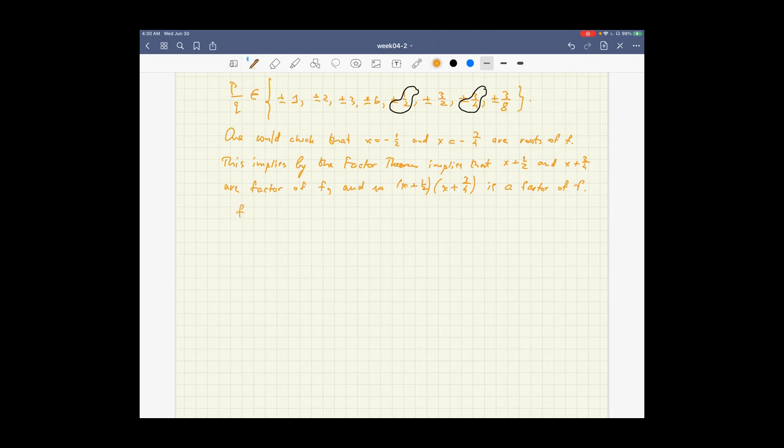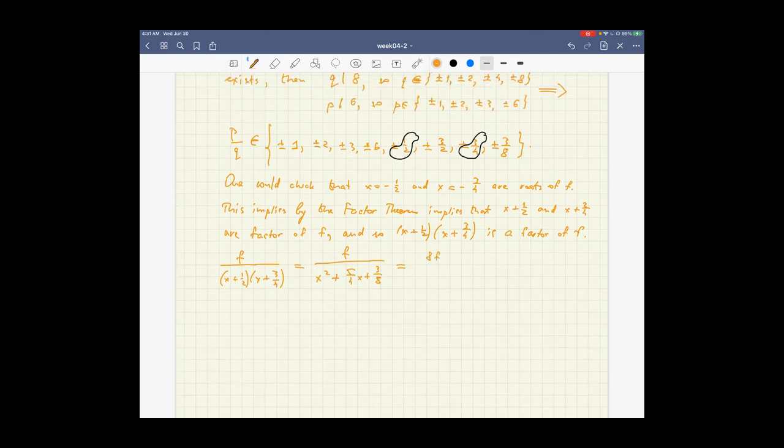Now, rather than dividing f by the product of x plus 1/2 and x plus 3/4, which is x squared plus five quarters x plus 3/8, I'd rather divide 8 times f over 8 times the divisor.